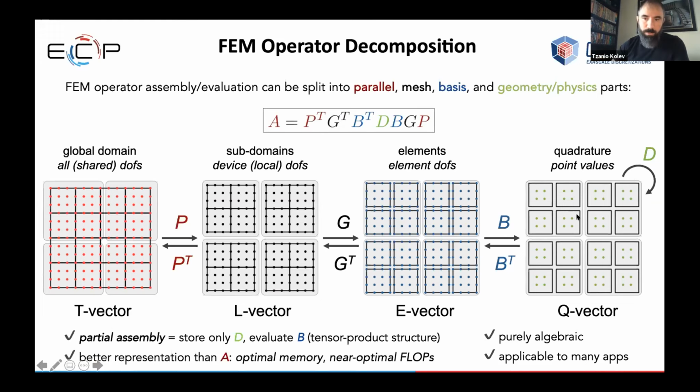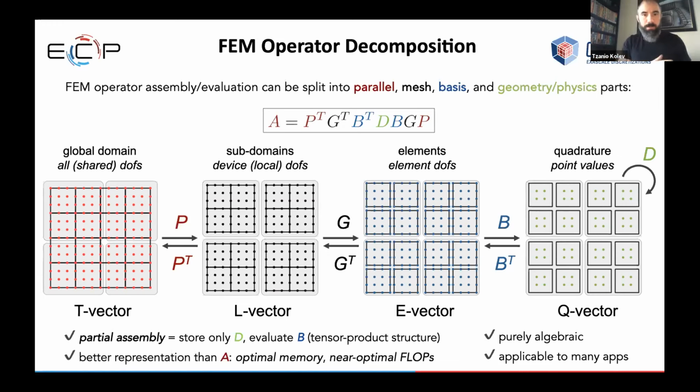And so you go this way, you scatter all the way to the quadrature points, perform local computations, and then you start gathering. You go from quadrature points to degrees of freedom on the element, to degrees of freedom on the mesh, to degrees of freedom on the global problem. Okay. So what we like about this decomposition is that it explicitly exposes these levels of parallelism, and it separates concerns.